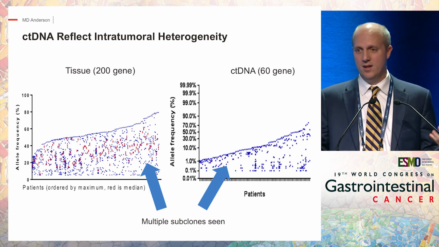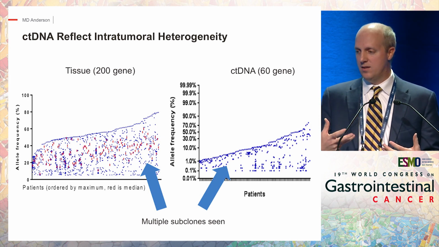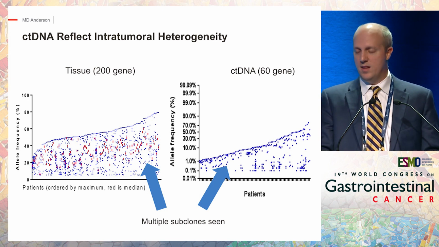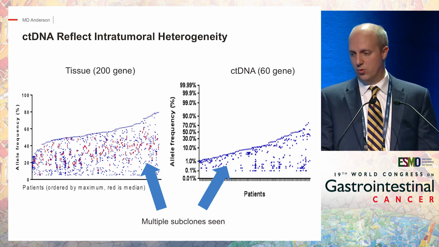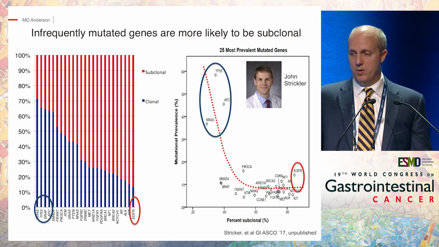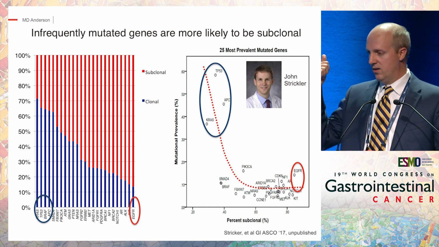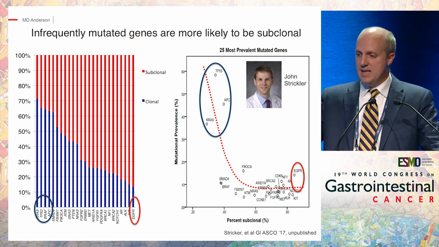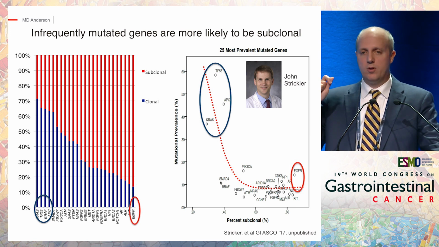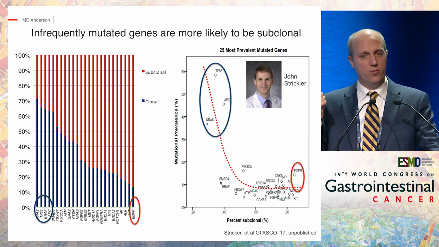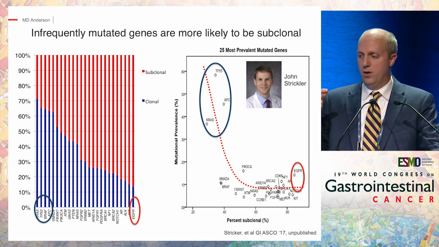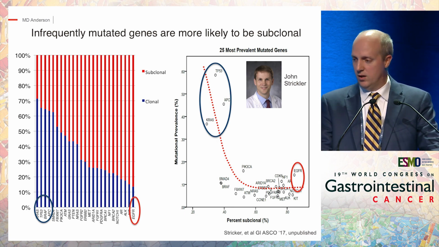So this idea that the tissue and the ctDNA can reflect this intratumoral heterogeneity may then be better than what we get when we're doing individual core biopsies. Now, what we did find, and this is data that John Strickler and Ryan Corcoran have been analyzing, is that the subclonality that we identify in the ctDNA is actually related to the mutational prevalence of the gene.